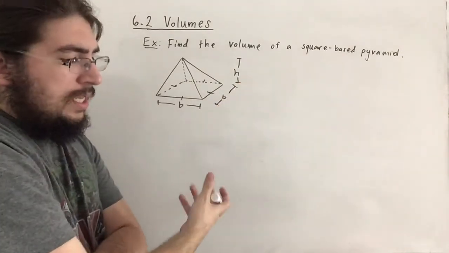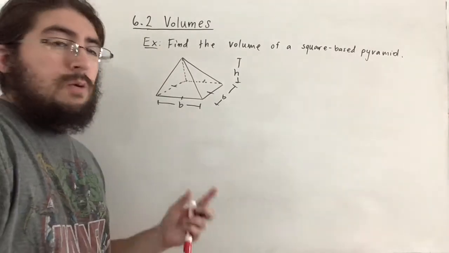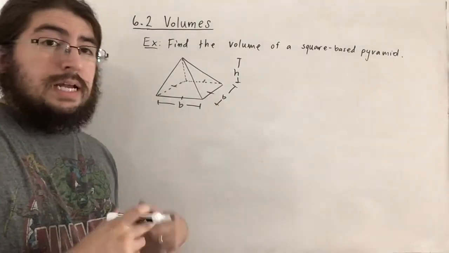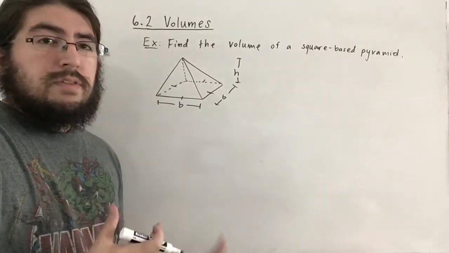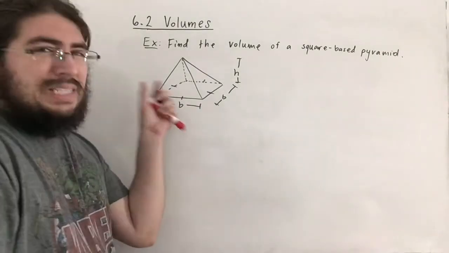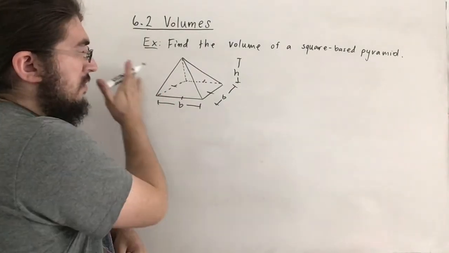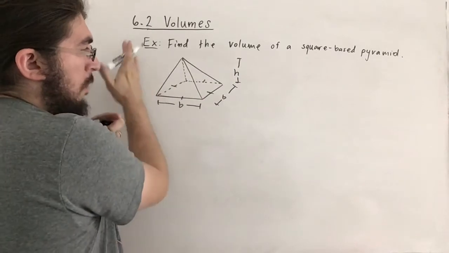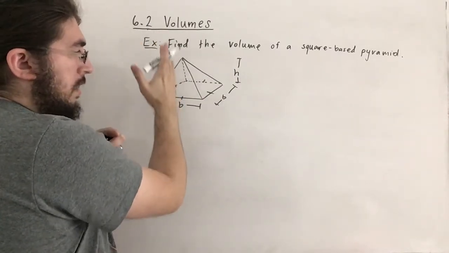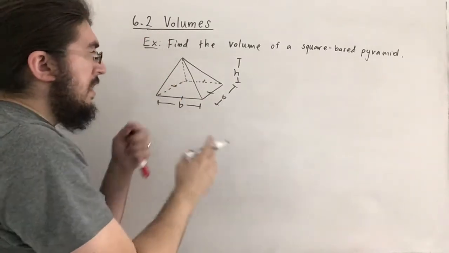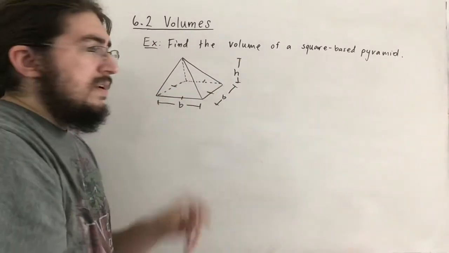Now, based on the idea I gave you earlier as far as how we determine the volume, or at least get an integral setup for the volume, it would be best to actually have this on its side, because if we had it like this, and we were to find the cross-sectional area, the shape would look kind of weird depending how you have it orientated.